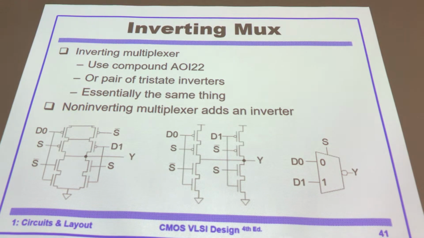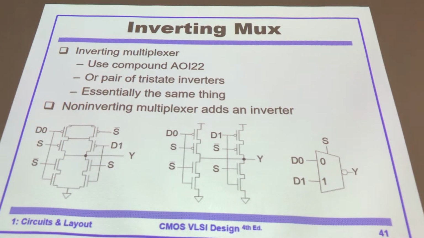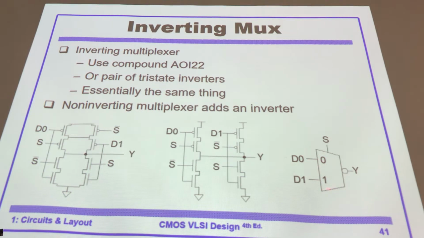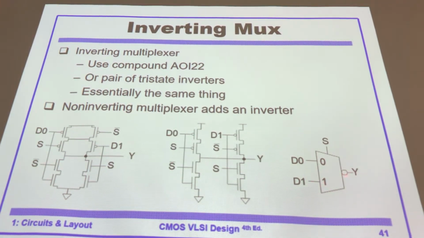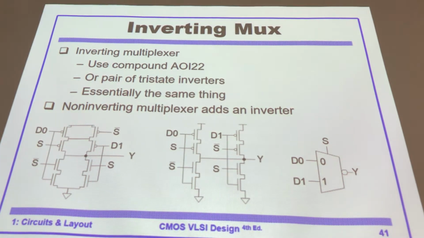Inverting multiplexer, inverting mux. The symbol is like this. It's a two-input multiplexer, but the output is an inverted signal. Actually, it has a similar function to the two-input multiplexer.